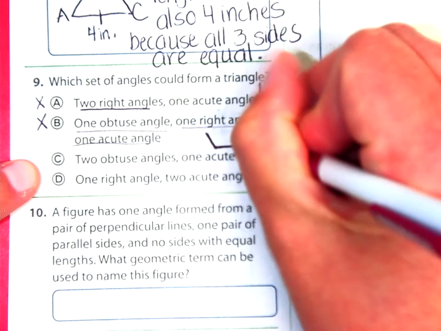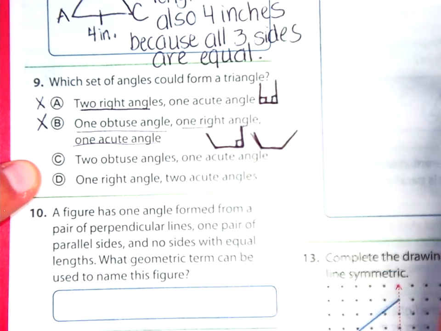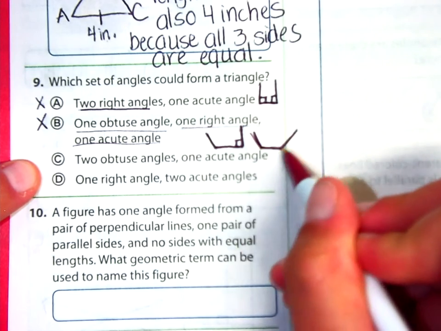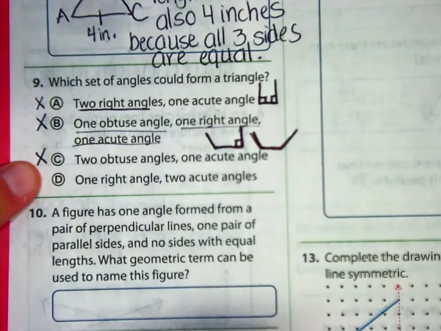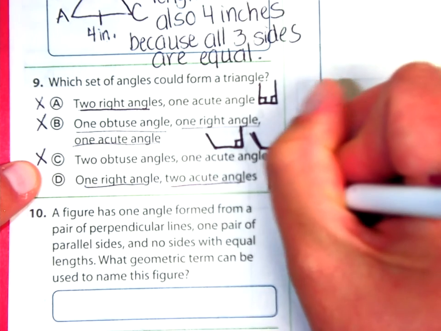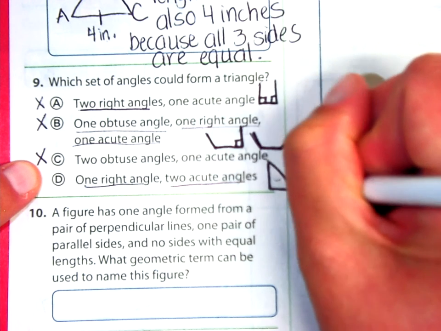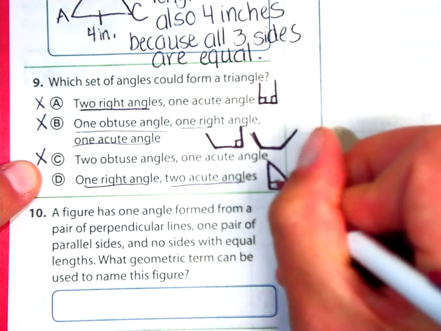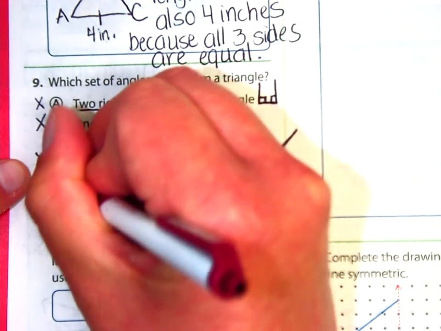I can draw my obtuse angle and then another obtuse angle. That's not forming a 3-sided figure that looks like a triangle, so that is incorrect. Now let's look at D: 1 right angle, 2 acute angles. If I draw a right angle and then an acute angle, that connects back up here. So I have 1 right angle, and these 2 are acute. The correct answer is D.